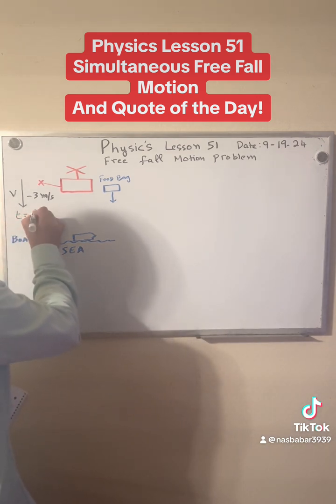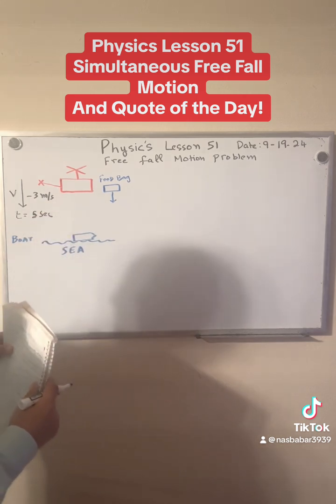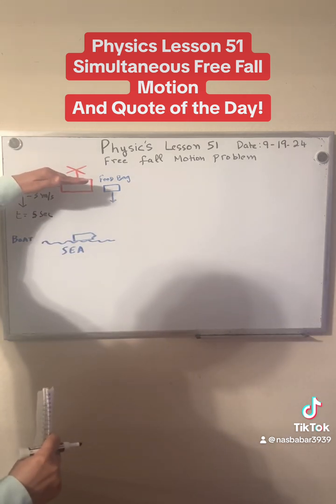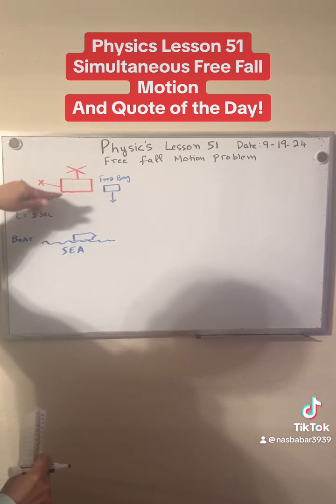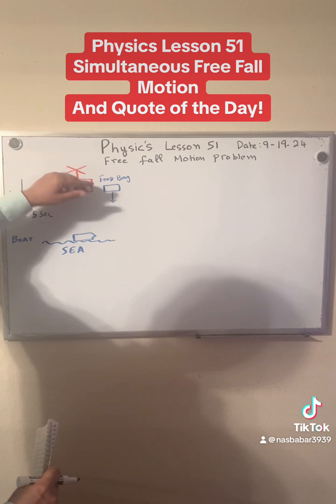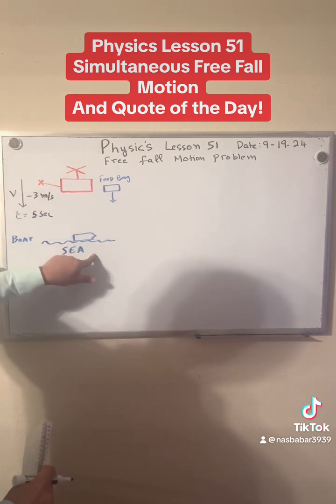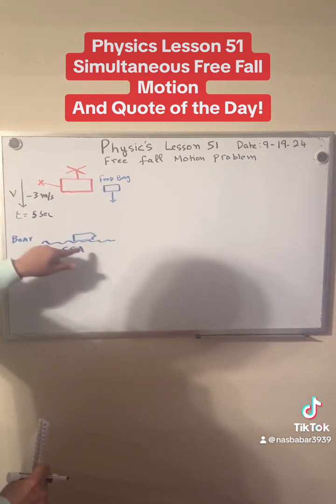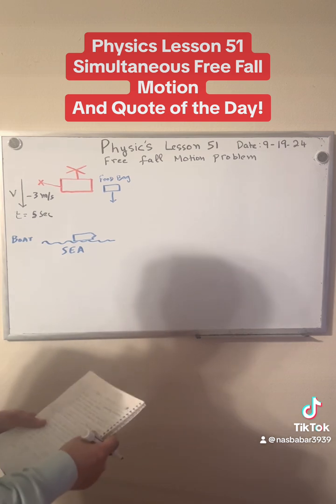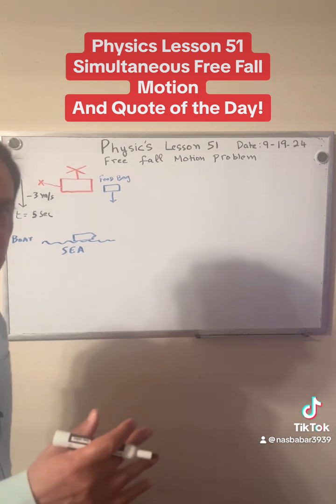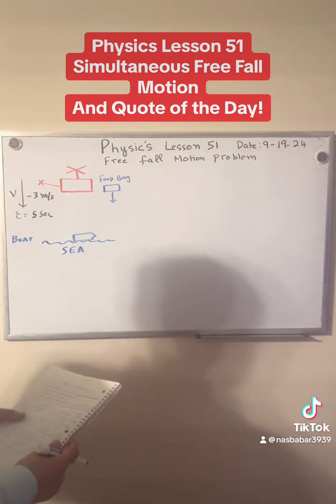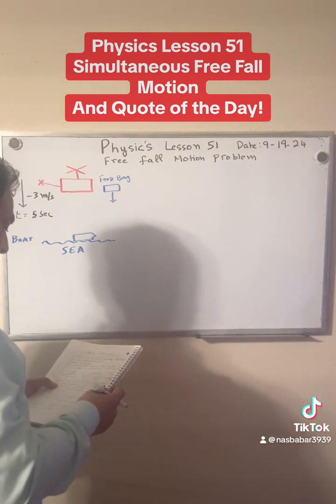So the heli is coming down at a constant velocity of negative 3 meters per second. While it's coming down, it drops a food bag to the folks in the boat. And the question is, what is the speed of the food bag after 5 seconds? So let's go ahead and dive into it.